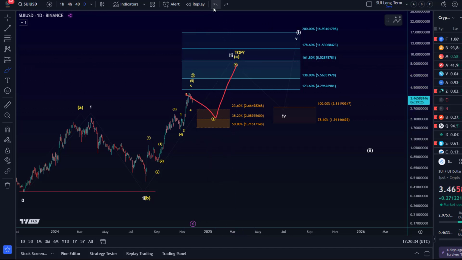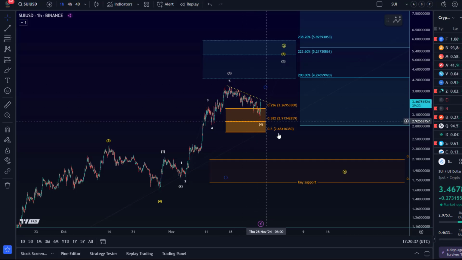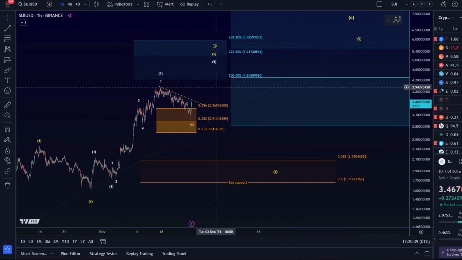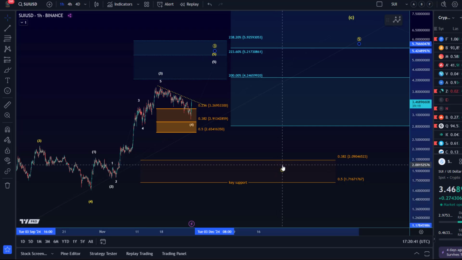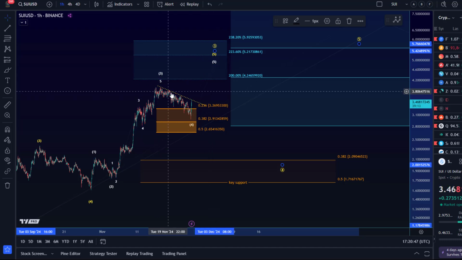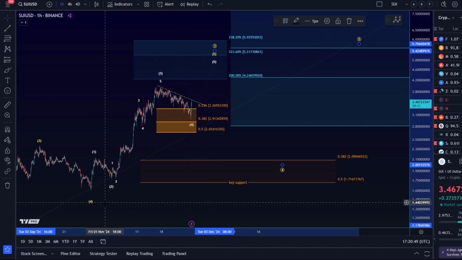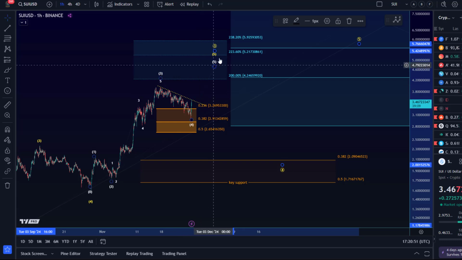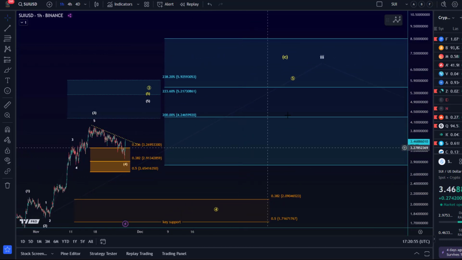Now looking at the shorter time frame, this tells us that before we even form circle 4, we could get one more high, right? And that is what we've been watching for. We get possibly one more upside extension, because that pullback is corrective. And it would look better on the micro to get one more high in circle 3, then circle 4, then circle 5.